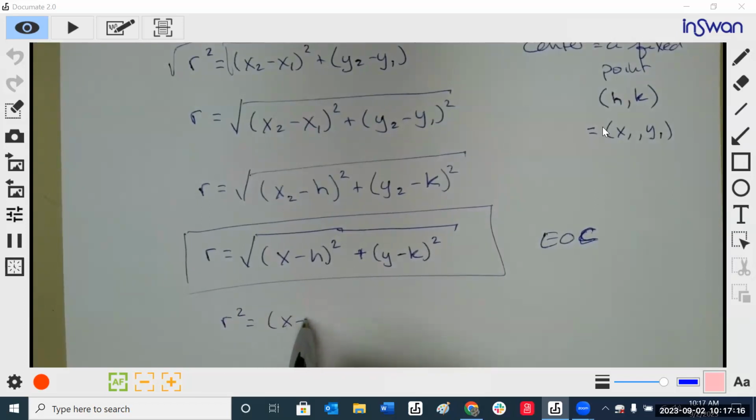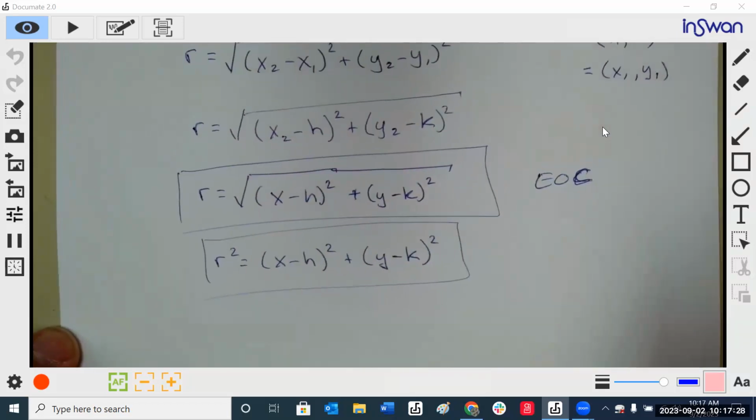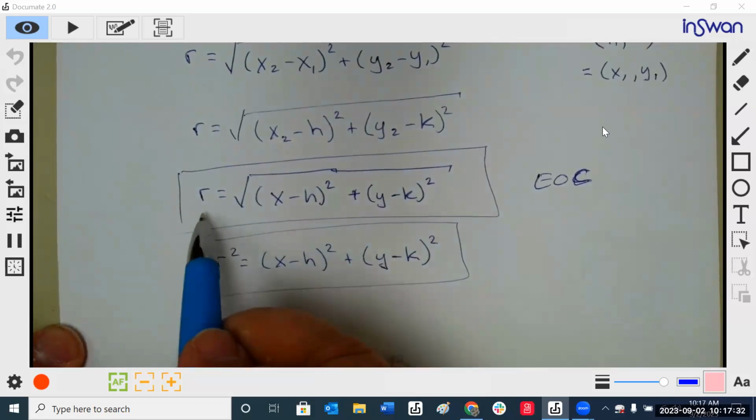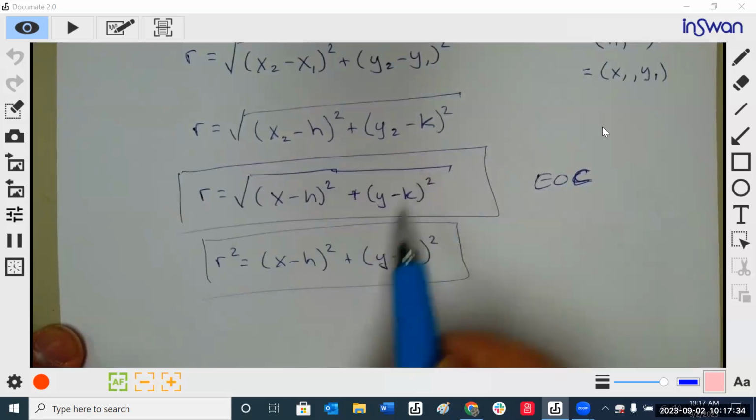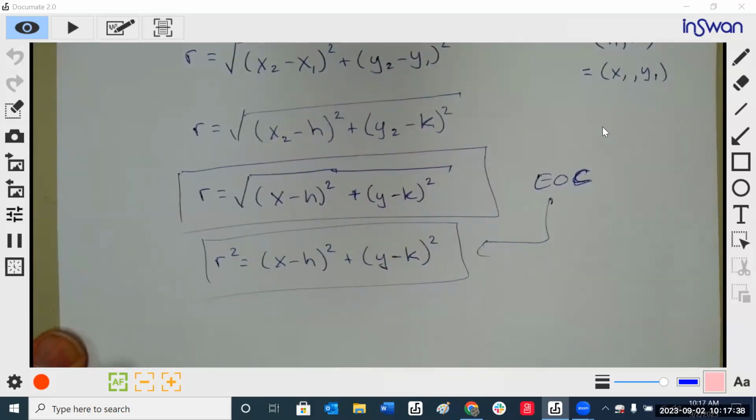You can also look at it as this. What's the difference between the two? If you're looking for the radius, you use this formula. If you're looking for just the standard form of an equation of a circle, that's the standard form.